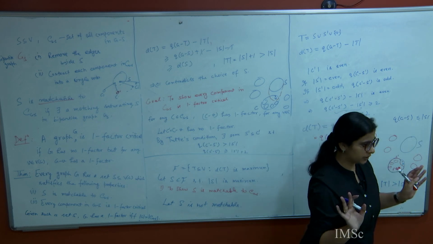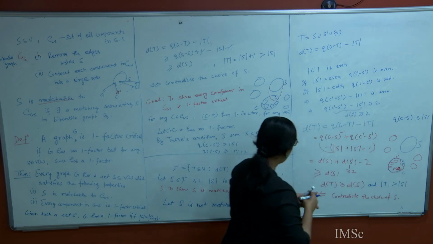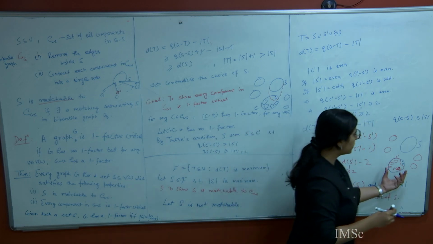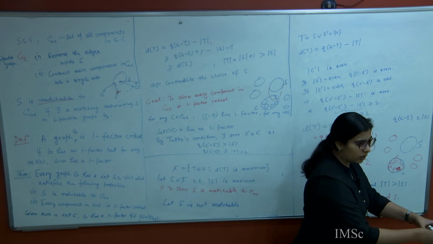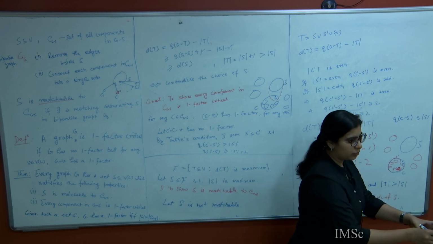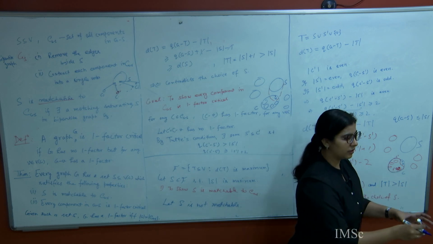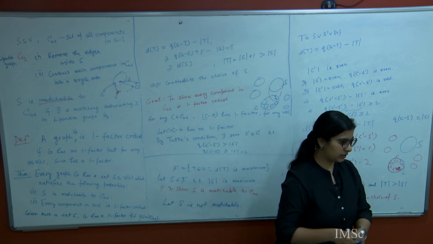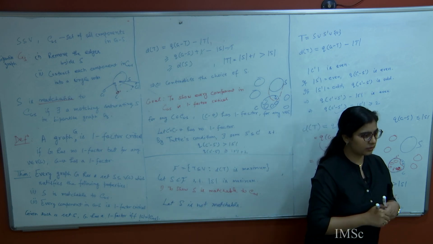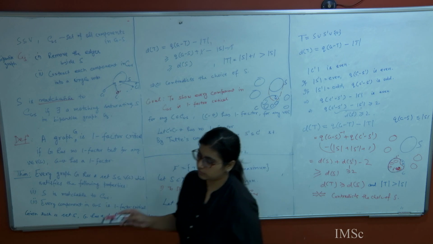So we are not using Tutt's condition there, and at every other place we are dealing with some component, so we are in some smaller graph, and by the induction hypothesis you can use that your theorem holds, and so Tutt's condition holds. Okay. So you can do it inductively.